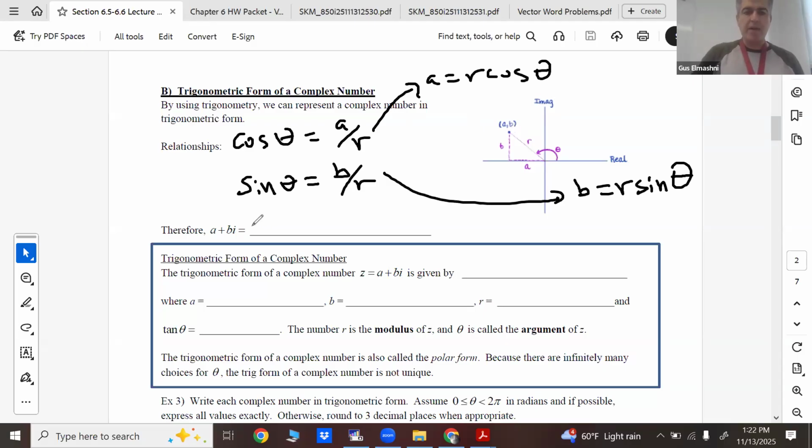So A plus BI can be thought of as R cos theta plus R sine theta times the imaginary number. You can think of it like that. Remember, the imaginary axis is vertical. So B is vertical. So that's why the I goes with B.